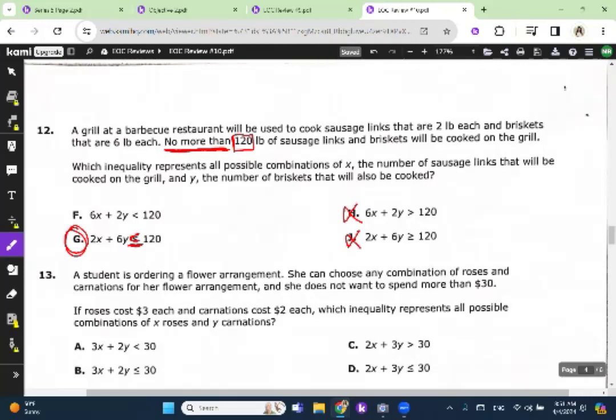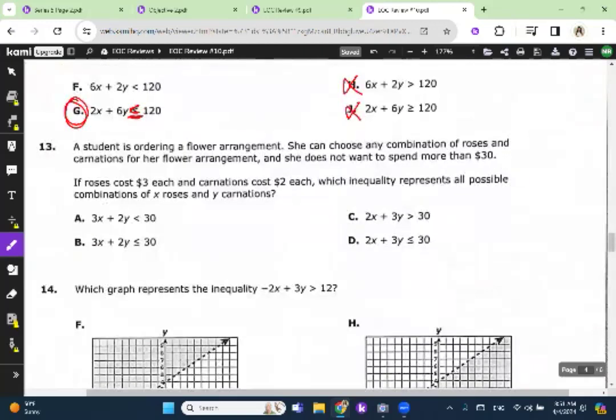Number 13. She does not want to spend more than $30. Make sure you're reading everything because some people will only see "more than" and say, okay, greater. No, she does not want to spend more than $30. That means we're going for less. Get rid of those greater ones.